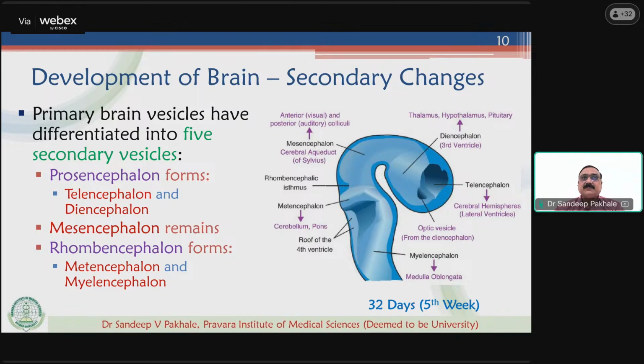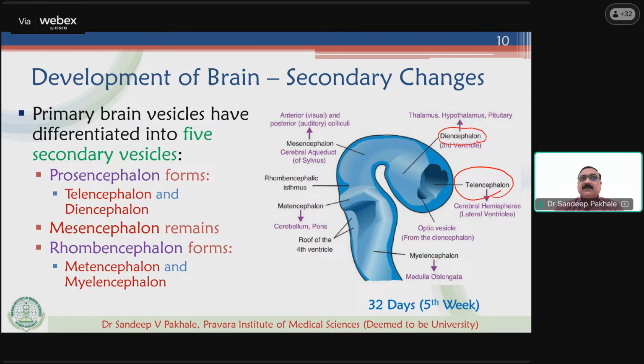And this leads to subdivision into the telencephalon, which forms the hemispheres and lateral ventricles, and the diencephalon, which further forms the thalamus, hypothalamus, and pituitary gland. The cavity of the diencephalon is the third ventricle.